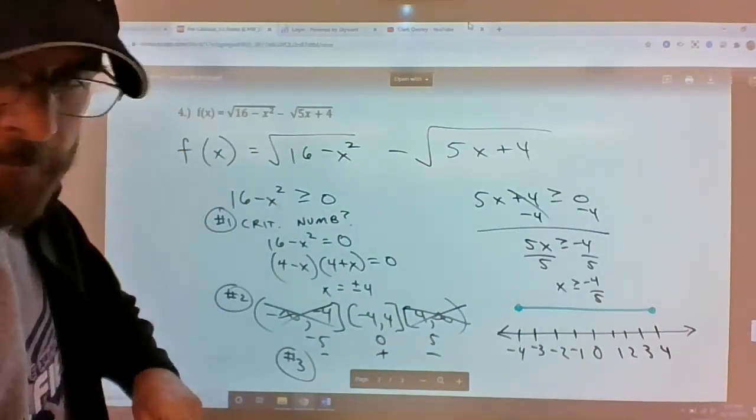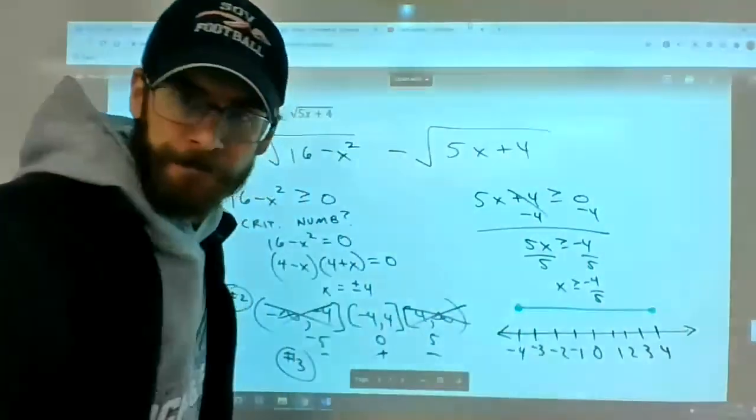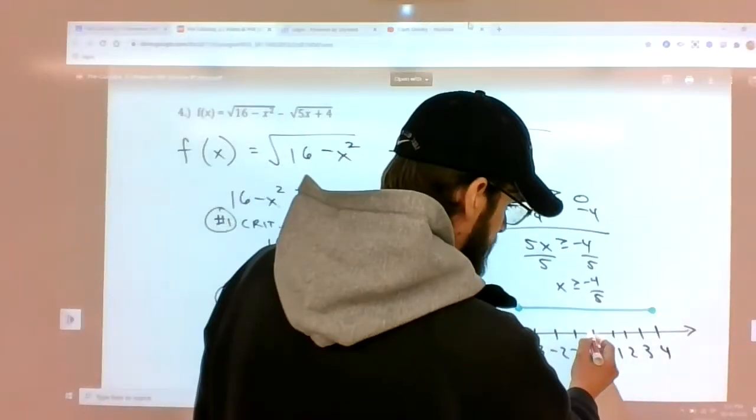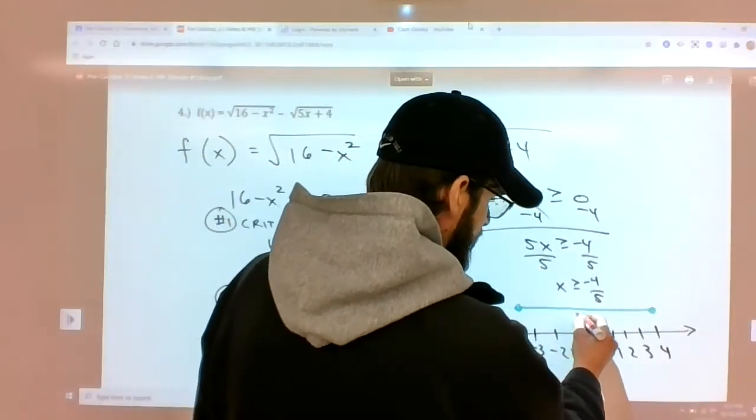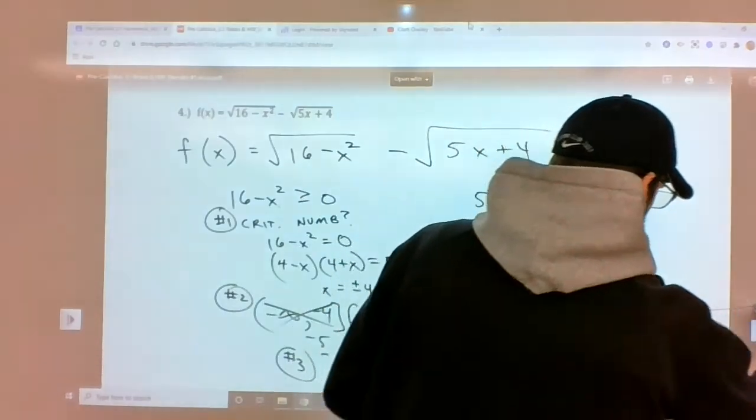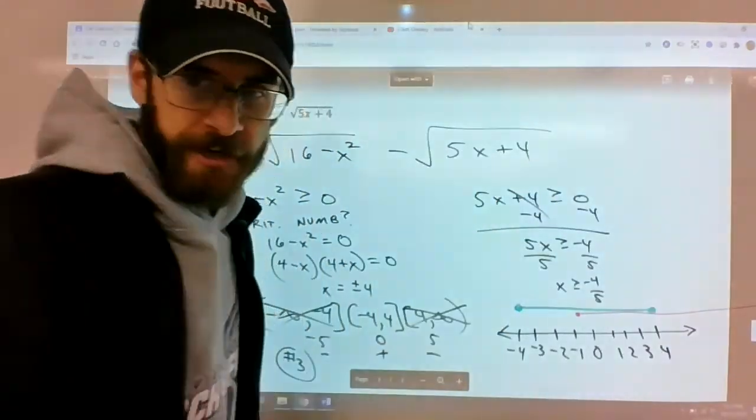And I did this one in red. That'd be everybody bigger than negative 4/5. And it just keeps going forever in that direction.